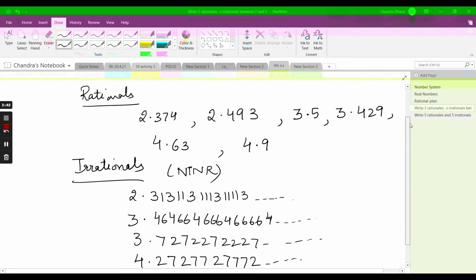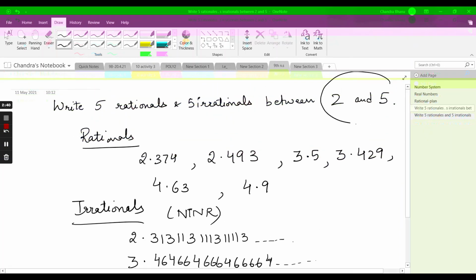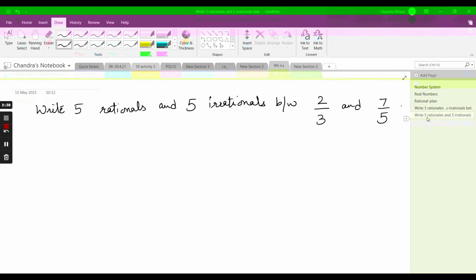This was when I had very simple numbers like 2 and 5. But if I give you two rationals, like here I have given you 2 by 3 and 7 by 5, first of all, I need to know the decimal expansion of both of these. So I need to divide 2 by 3. What will this be? Decimal, 6, again 2, again the same thing.